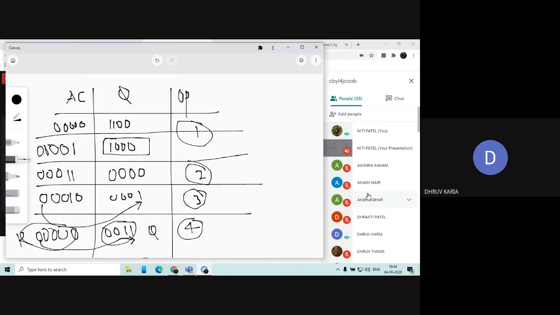Correct? Now when you do AC is equal to AC minus M, you get 11101. Did you get that? Yes, ma'am.